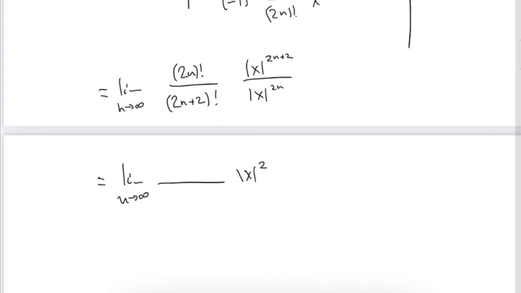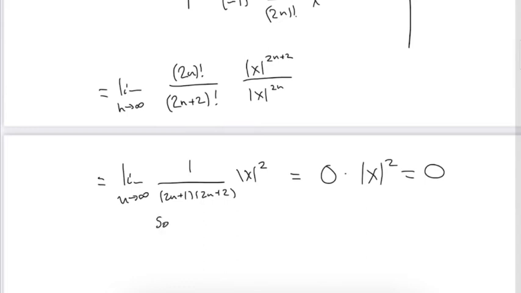All those numbers go up to 2n, but then they also have 2n+1 and also 2n+2. So this is 1 on top and then (2n+1)(2n+2) on the bottom. All right, great. I take the limit. That fraction becomes 0. This gives me just 0 times absolute value x squared, which is just 0. So the L is 0, just like happened for the sine.